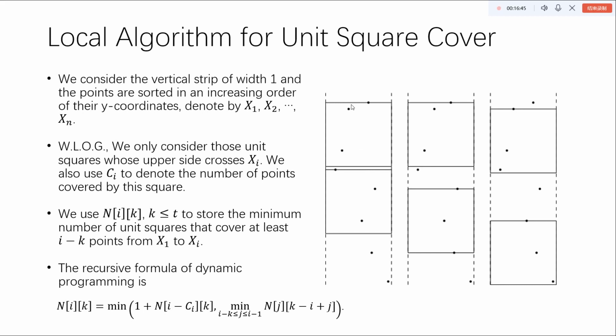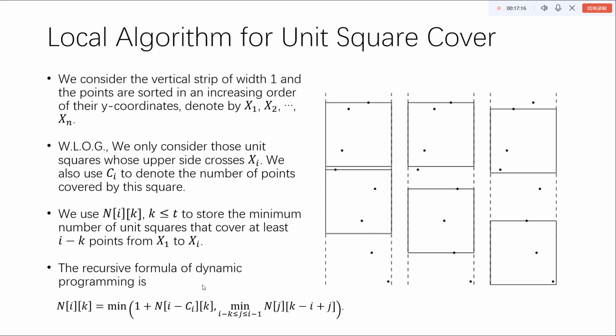After we choose the first square, there can be at most t points between the second and the first, so the second square can be here or here, or also here. In such a way, we can derive the recursive formula of the dynamic programming.